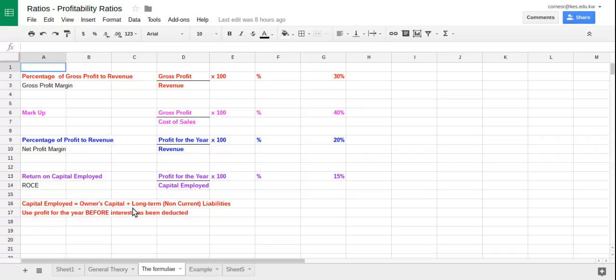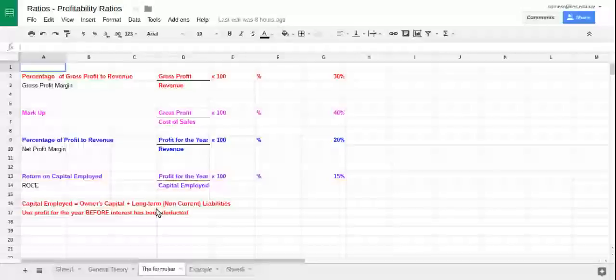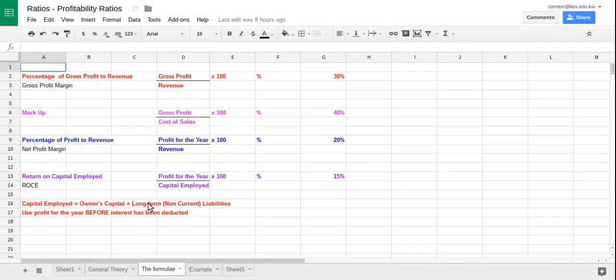So we need to add on to that the long-term or non-current liabilities in the business. And because of that, a business makes a choice about how much of the long-term investment comes from owners, how much comes from bank and other sources as loans. And therefore, we wouldn't be comparing like with like if we're deducting the interest straight away, because by deducting the interest, we're taking away the return that goes to these long-term or non-current liabilities.